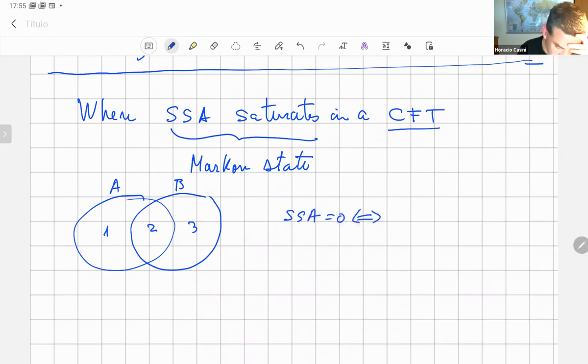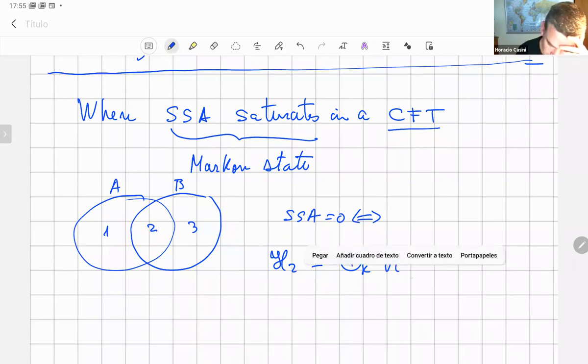if and only if you can write the Hilbert space in the region 2 as a sum of different sectors which are in tensor product. This is like left and right.